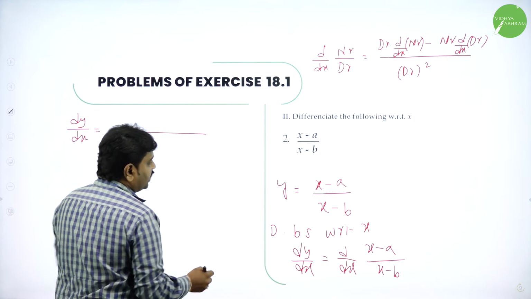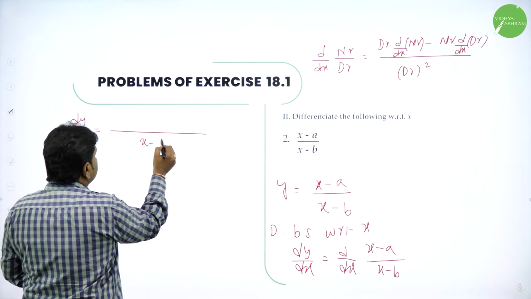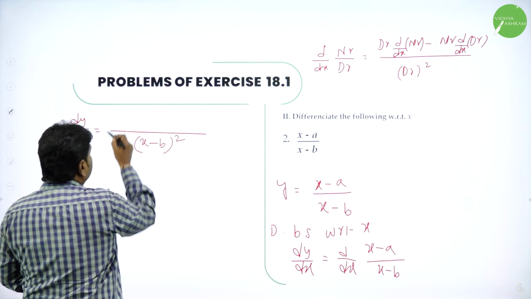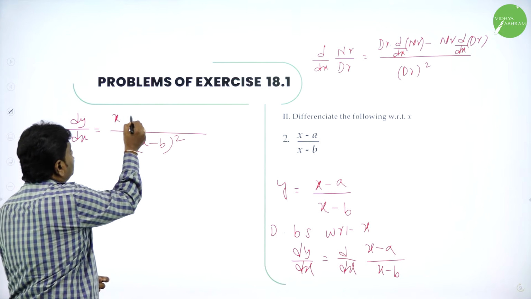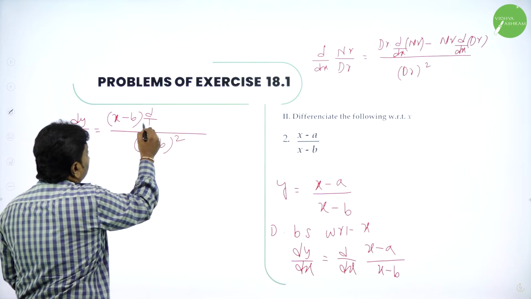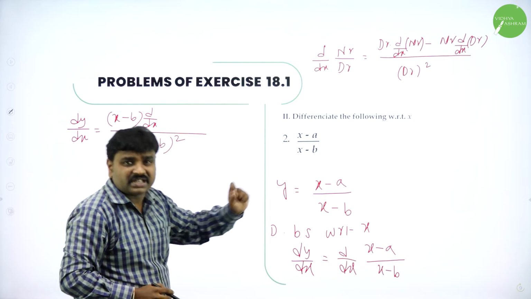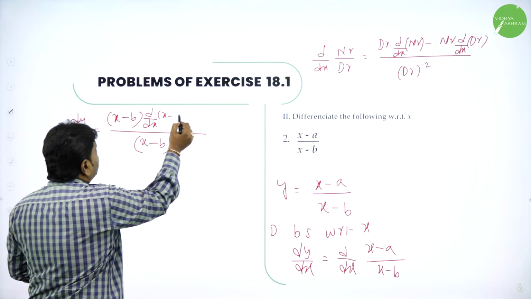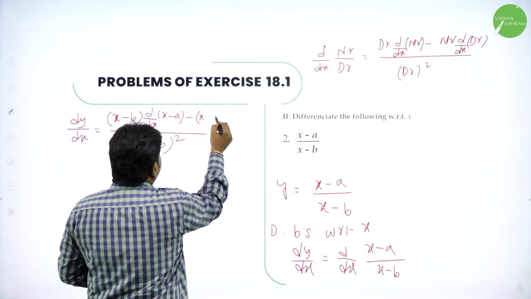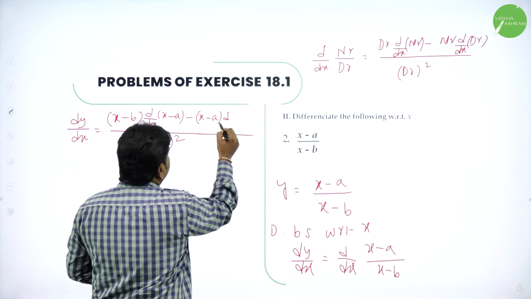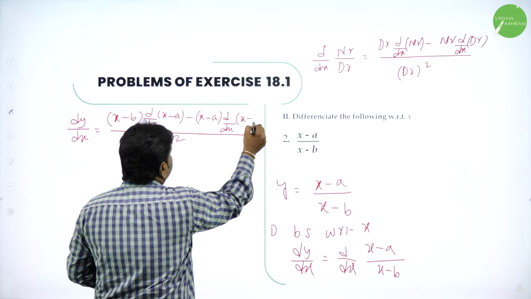In the denominator, write the denominator the whole square, that is x minus b the whole square. Denominator into, what is denominator? x minus b. x minus b into derivative of numerator. What is numerator? x minus a. So minus, in the formula, numerator, what is numerator? x minus a into d by dx of denominator x minus b.